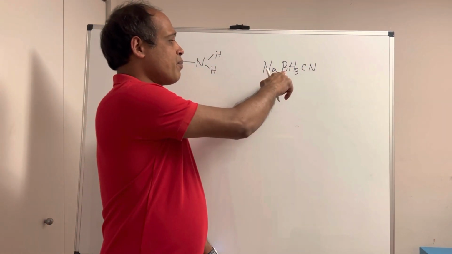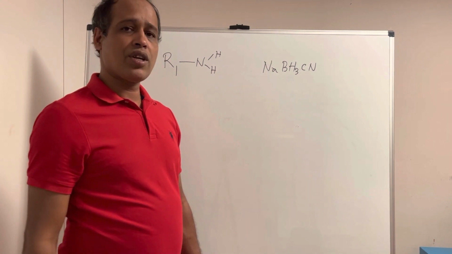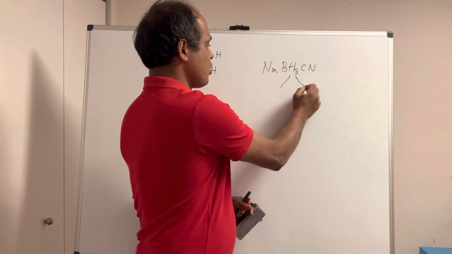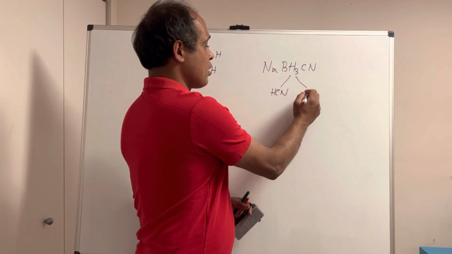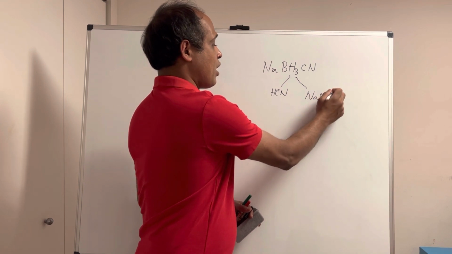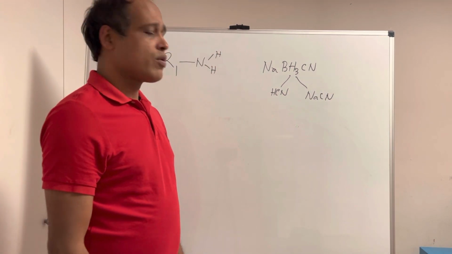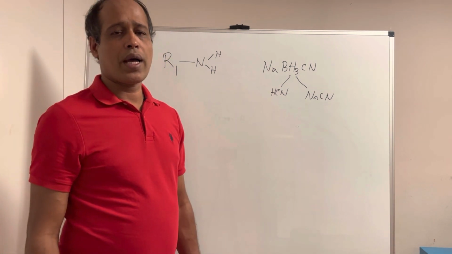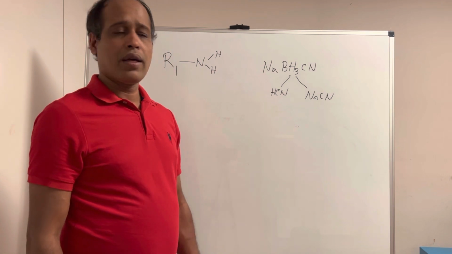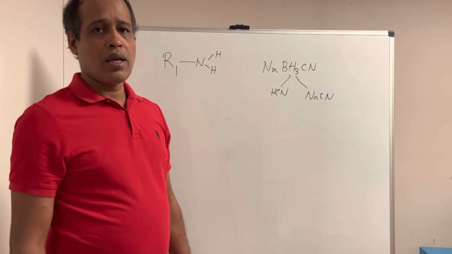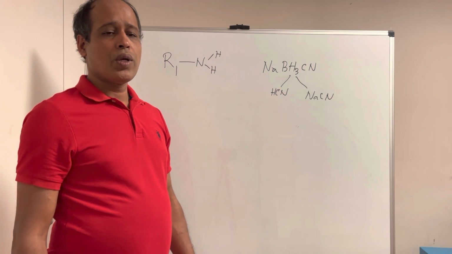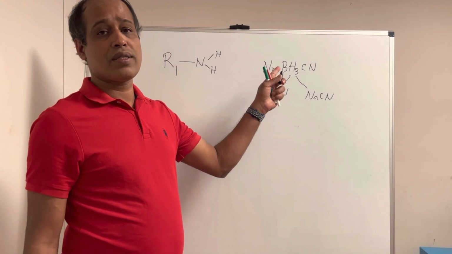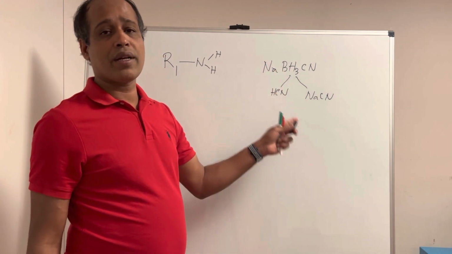But there is a problem with this reducing agent, because after the reaction as a side product it can give you hydrogen cyanide and sodium cyanide. All of you know that hydrogen cyanide and sodium cyanide are very toxic. That's why people try to use different reducing agents, but in many cases people still use this, because in some cases it works better than the others.